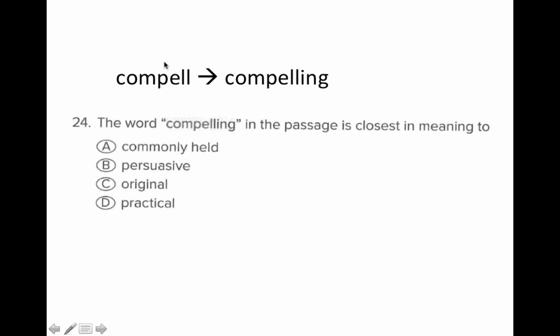It's derived from a verb by adding ing. Persuasive is an adjective that's derived from a verb by adding ive or sive. So in addition to what they mean, there's a relationship between those two words.